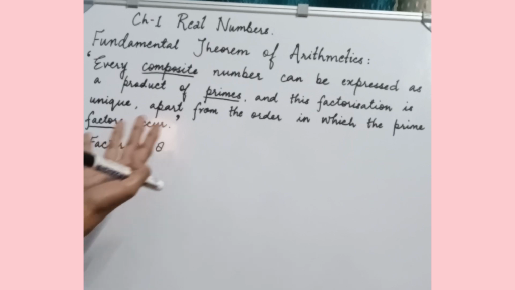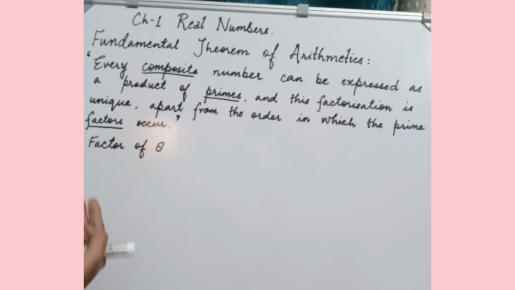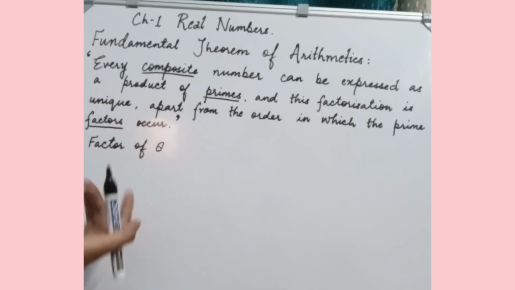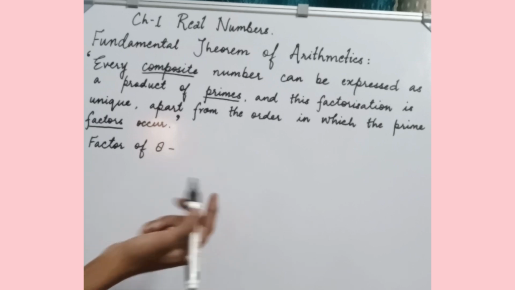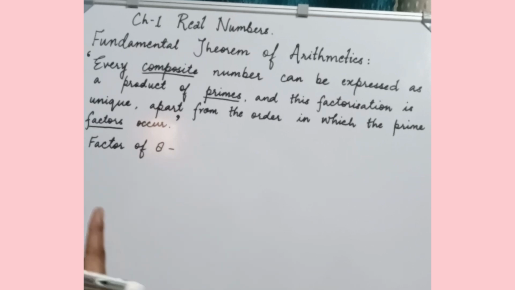Means a factor of 8 is a number in whose table 8 comes. Starting from 1, we know that in the table of 1, every number comes. 1 zero is 0, 1 one is 1, 1 two is 2, 1 three is 3, 1 eight is 8, and so on. So 1 is a factor of every number because in the table of 1, every number comes.